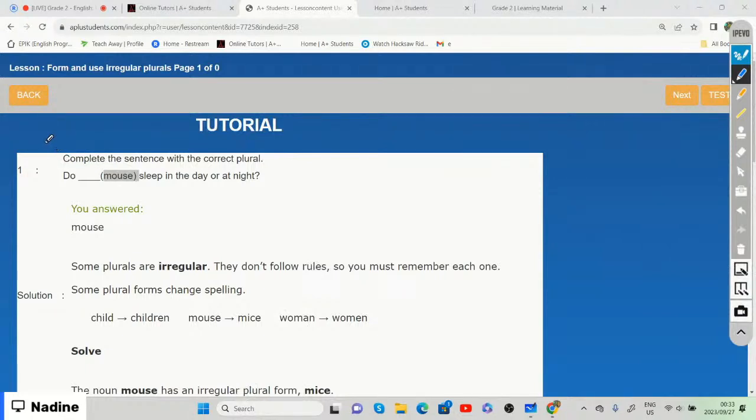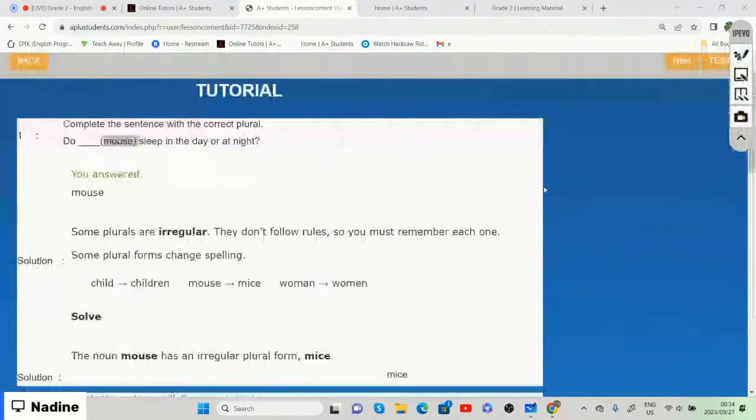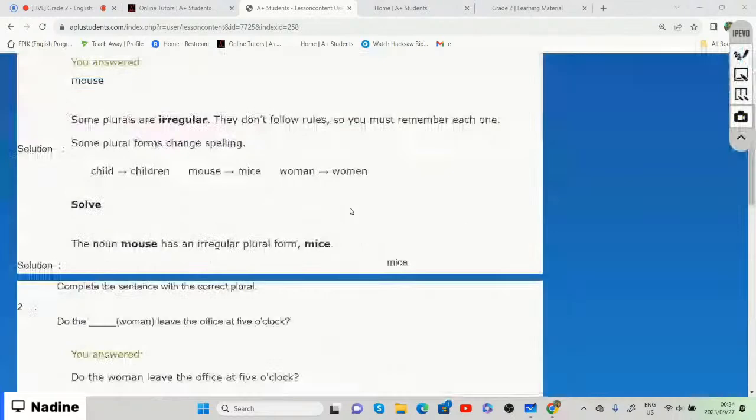So mice is our answer. All right. So mice is our plural.